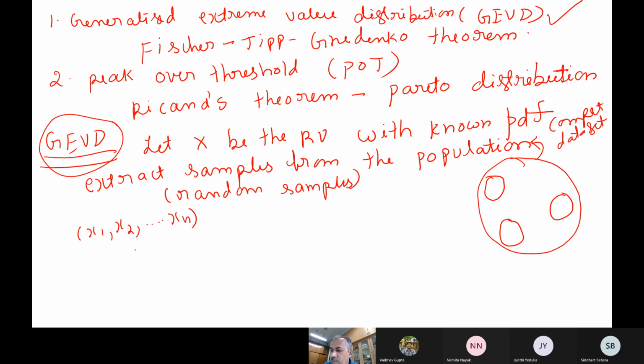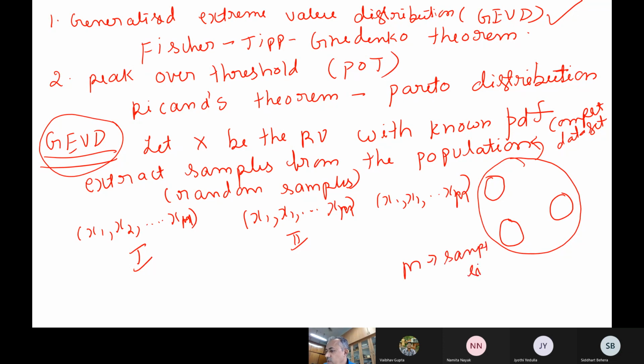So this is sample number 1. Then I have sample number 2, then a third sample, like that. I have taken random samples, so many samples I have derived. Each sample has size, let me denote it as m. So I'm taking random samples from the population.